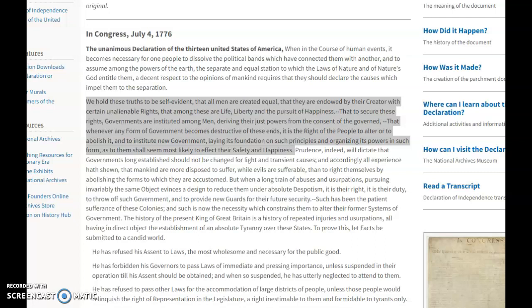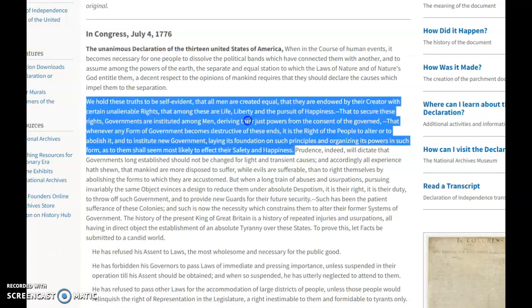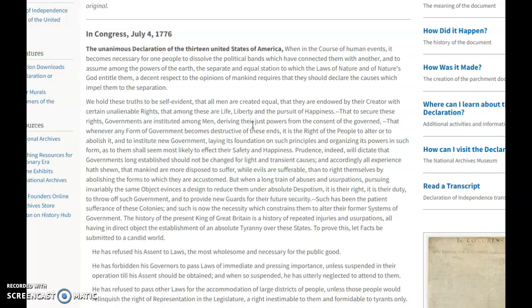The purpose of government is to protect these rights, and the just powers of government are derived from the consent of the governed. Let me just highlight that for you. This is very different from the idea of the divine right of kings. So this is sort of a review of what you learned last week.